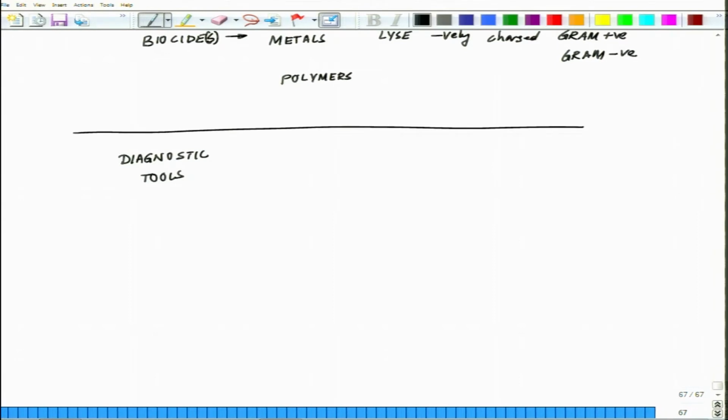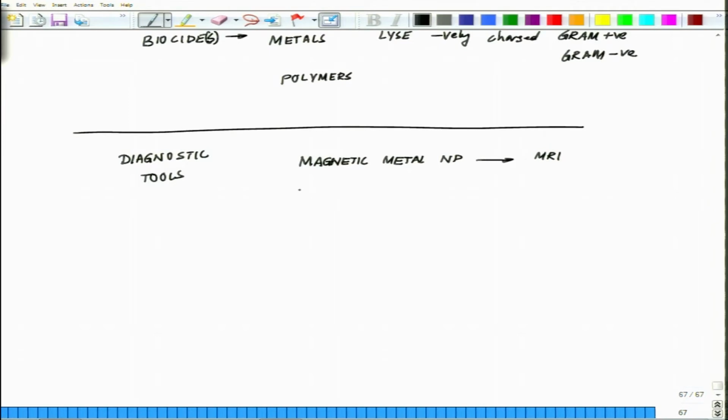They could be the magnetic nanoparticles as diagnostic tools, magnetic metal nanoparticles for the MRI, magnetic resonance imaging application, or fMRI.